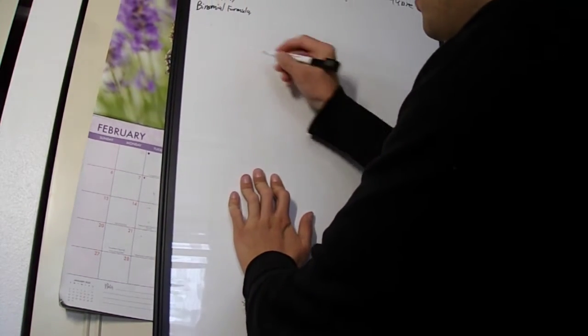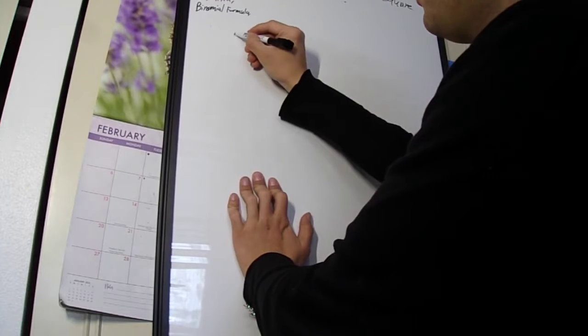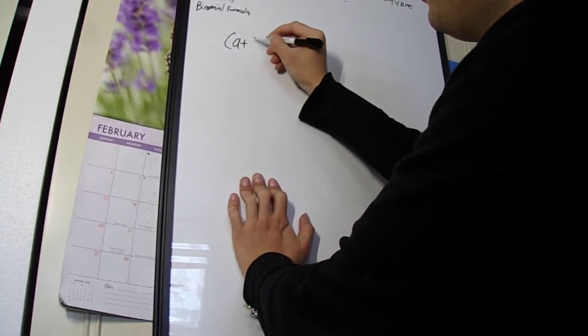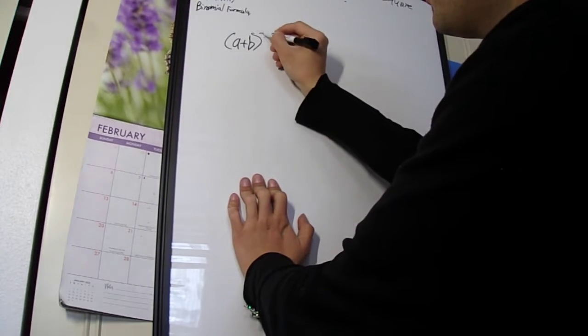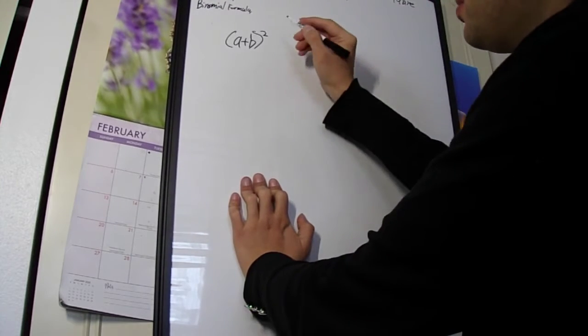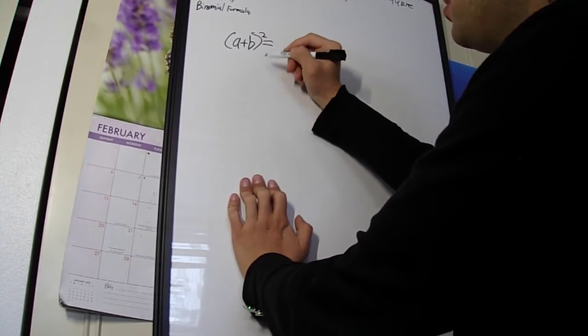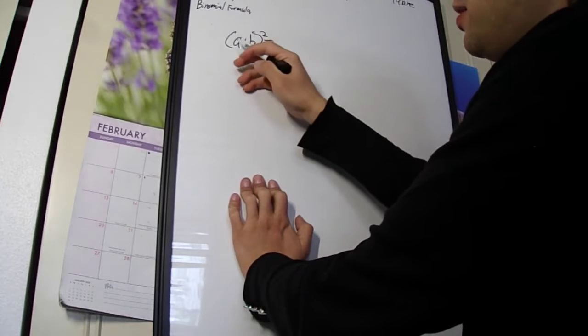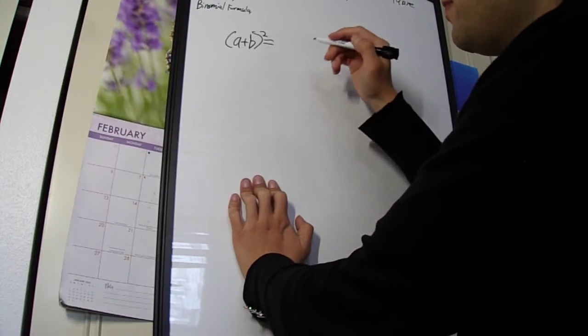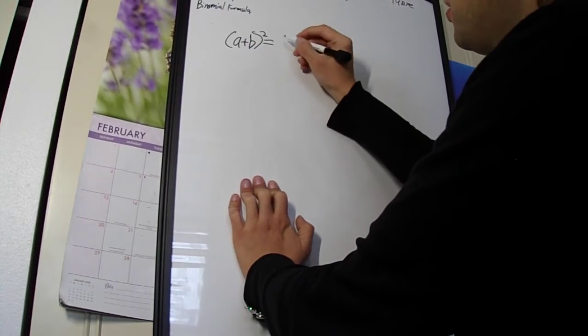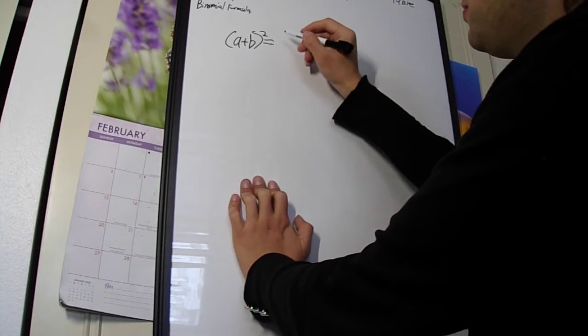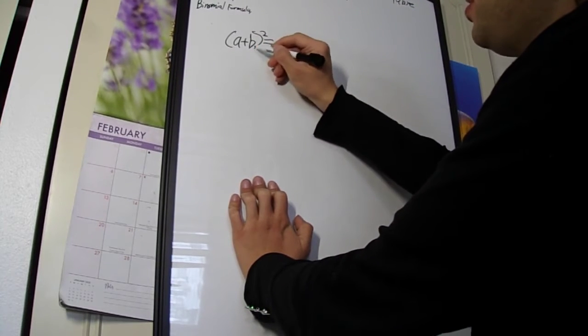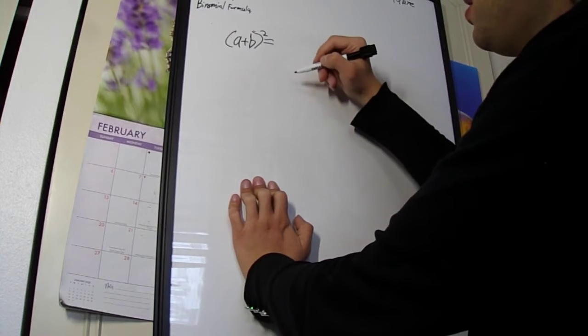So anyhow, the most basic form, a plus b squared. Right now I'm only doing the sums. For another day I'll do something with the minuses. But right now I'm concerned with the sums, and so a plus b, that quantity, is all squared.